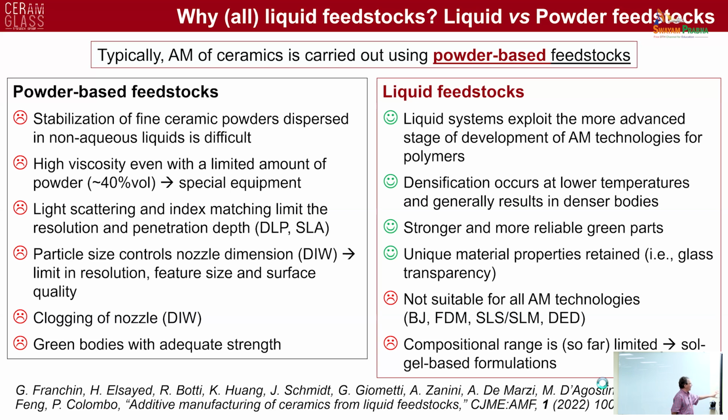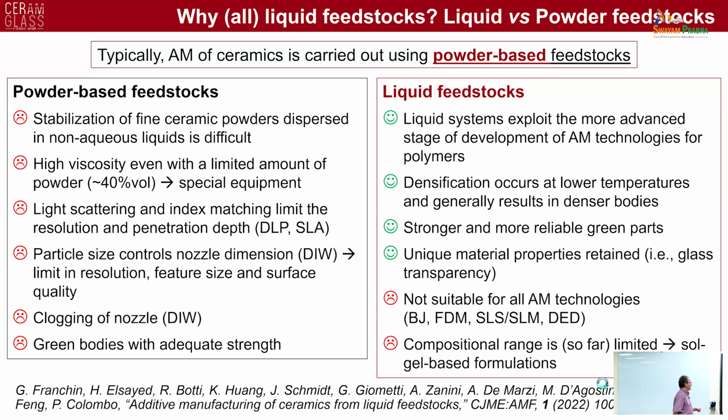So if you use a fully liquid feedstock, and I'm sure you're aware of the fact that you can use chemical precursors for making ceramics, and these chemical precursors can be dissolved or liquid from the start.